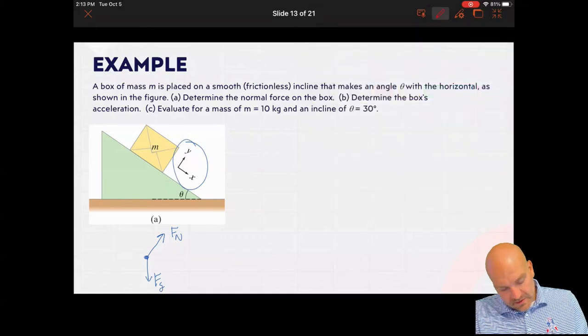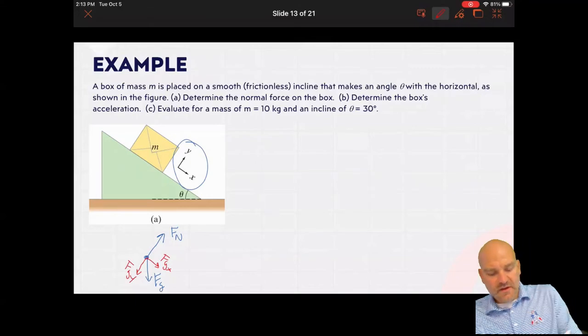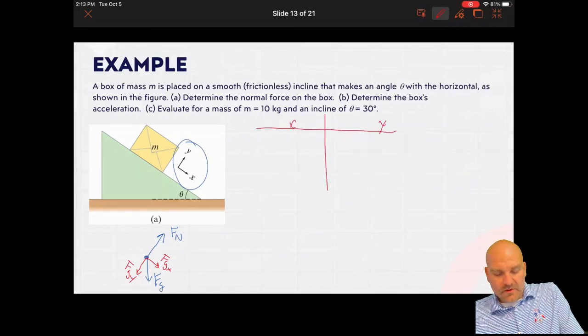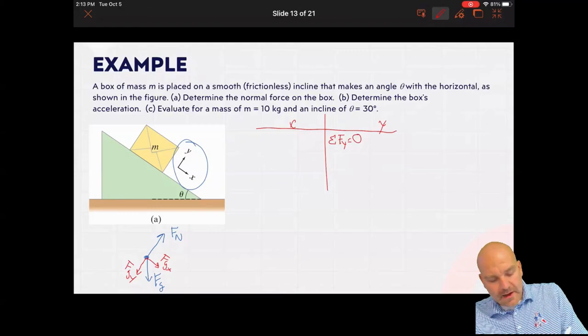What I'm going to do is add a Y piece and an X piece, so that'd be FGX and FGY. What I just drew in red, you don't want to put on your AP tests, because those are the extra forces that they don't want on the test. Again, I like to do T-charts. The sum of the forces in the y direction is equal to 0, because we're not accelerating it like this; we're accelerating it like this.